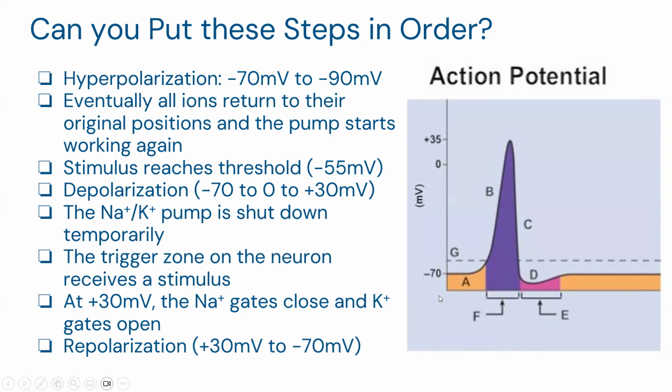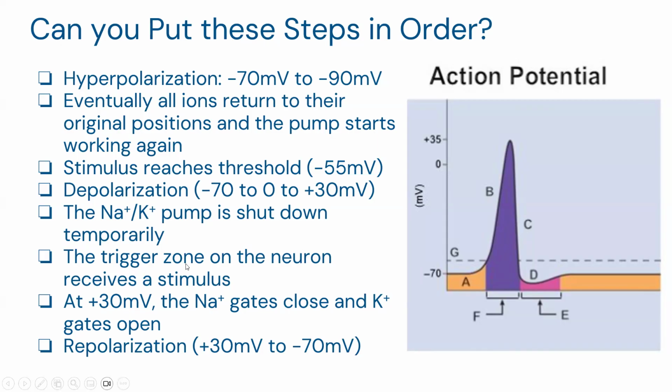Okay, so our resting membrane potential is at A here, or this line. The very first step would be our trigger zone on the neuron receives a stimulus. Our sodium potassium pump at this point is shut down because once resting membrane potential is established, it doesn't really have a job to do.